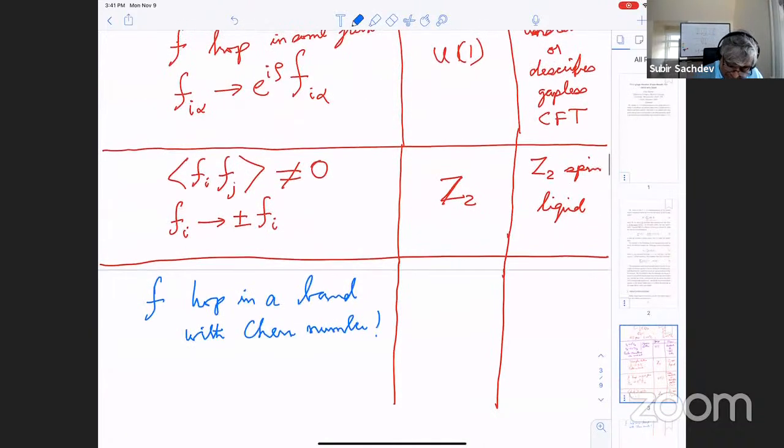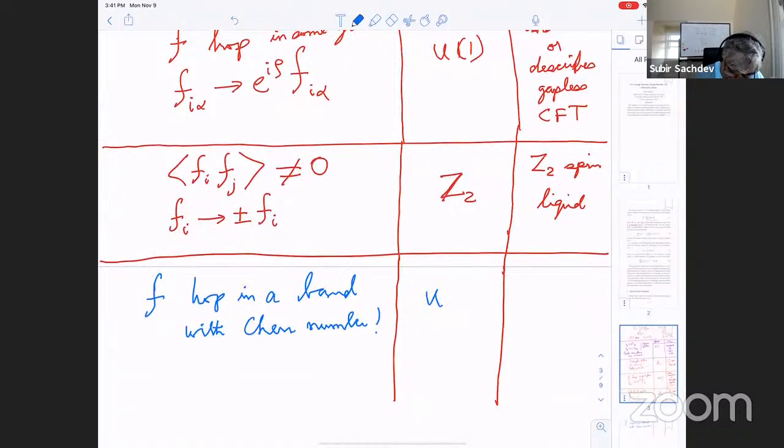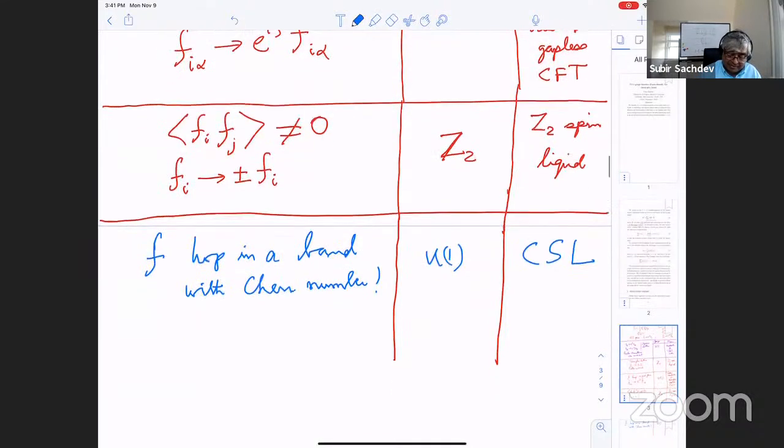So here there's still a U1 gauge symmetry. And what we're going to meet here is the chiral spin liquid. So that's what we're going to discuss now: what happens when you take your partons and make them move in a flux, in a Chern number band.